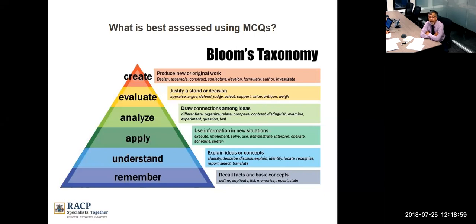The next one up is the application level. Application basically says, take some information that you have, put it together and apply it to a unique circumstance. This, for example, is very good for assessing your clinical skills. So those are very important things to think about. Multiple choices do application questions very well.